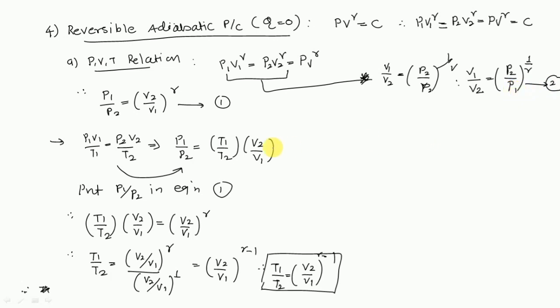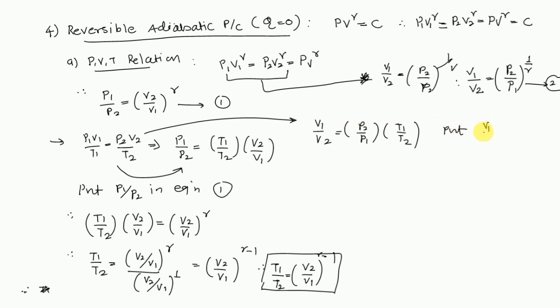Now here we had this relation. I write this relation in terms of V1 and V2. From this relation, V1 by V2 is equal to P2 by P1, with P2 by P1 in the denominator and T1 on the upper side, so T1 by T2.